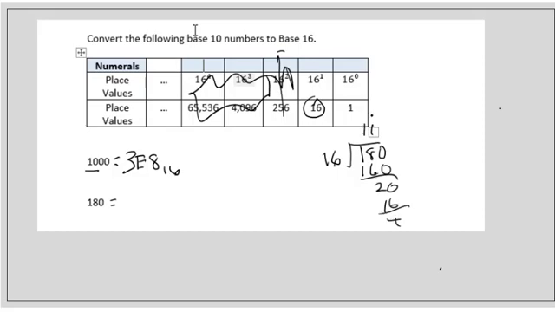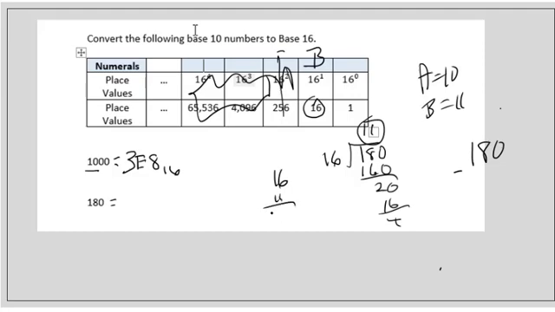So I can get 11 16s in there. And 10 is A, 11 is B, so it's a B here. So I've got 180, I'm going to subtract what 16 times 11 is, which is 176. I've got 4 left. So that 4 is going to go right here. So 180 in base 16 is B4.